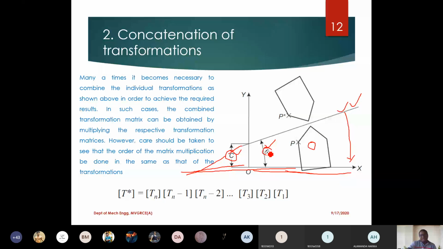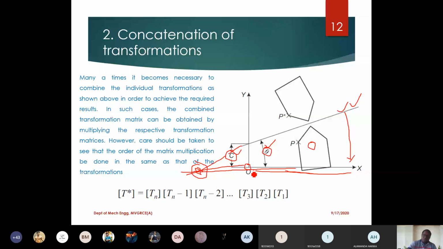If the point of rotation for the straight line is this point, then if I rotate by minus theta, the straight line exactly matches the x-axis. But the rotation that we studied was not rotating about any other point. It is rotation about the origin. So the rotating center is different, and the straight line after minus theta rotation will not match the x-axis.